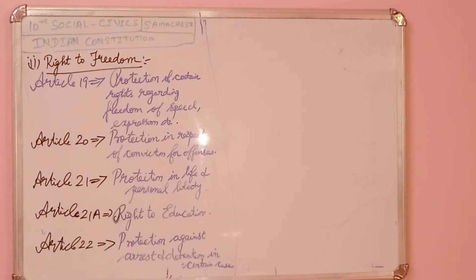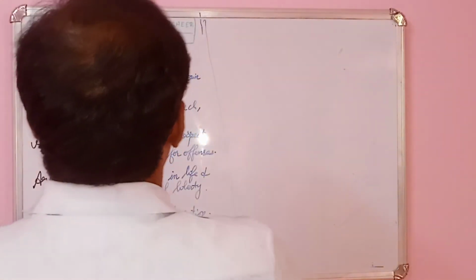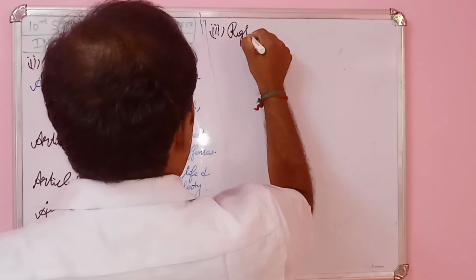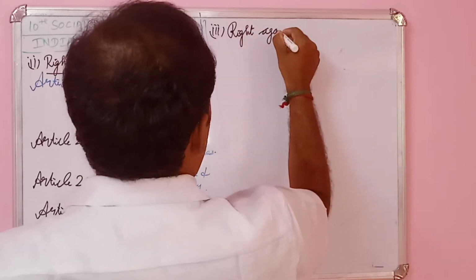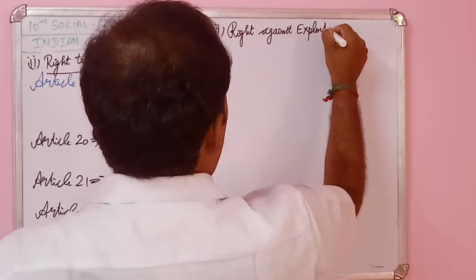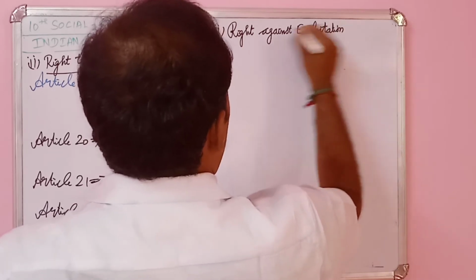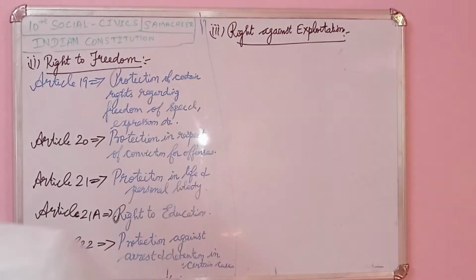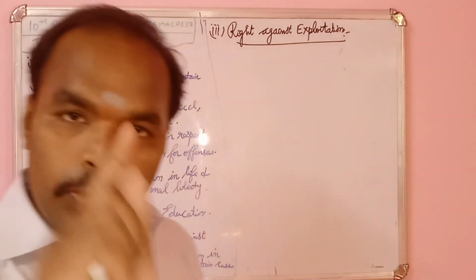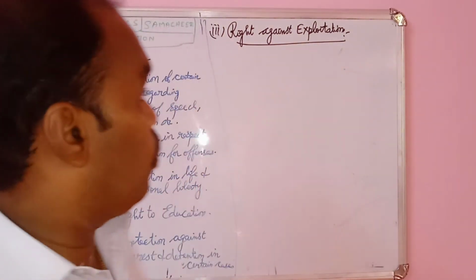The next one is right against exploitation. Up to now we have seen Article 22. For right against exploitation, we are going to see Article 23 and Article 24.